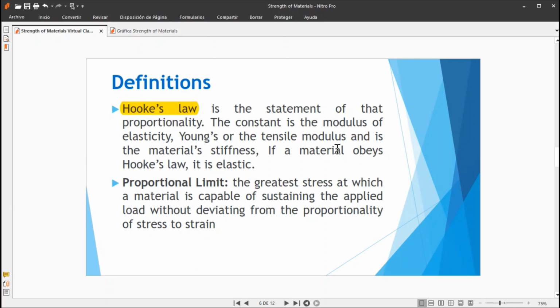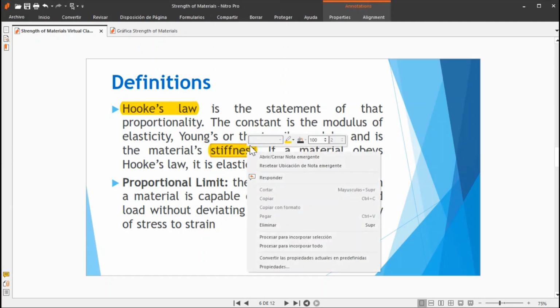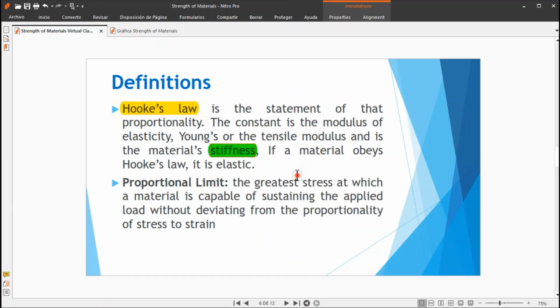So we have three synonyms. And it is the material's stiffness. Stiffness is how rigid, right? Like the rigidity, right? If a material obeys Hooke's law, it is elastic. That means that we can proportionally stretch it, for example.